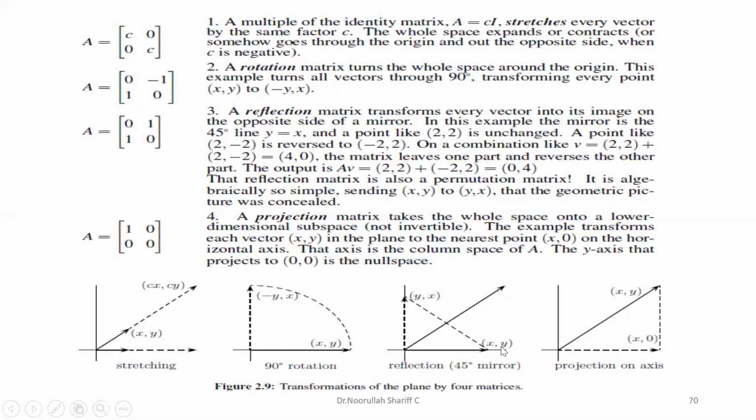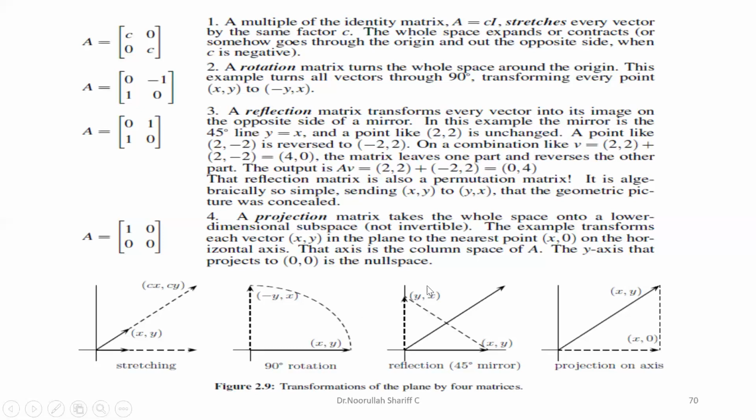If you have XY, naturally that will become the point YX. The matrix which transforms XY to YX will be this, because if you have the column matrix XY, then 0 into X plus 1 into Y gives me Y, and 1 into X plus 0 into Y gives me X.